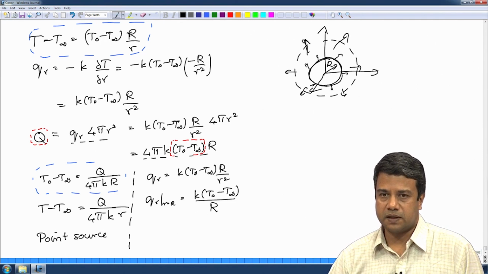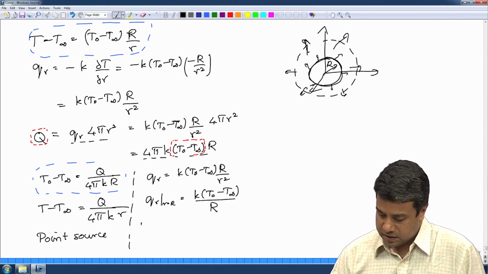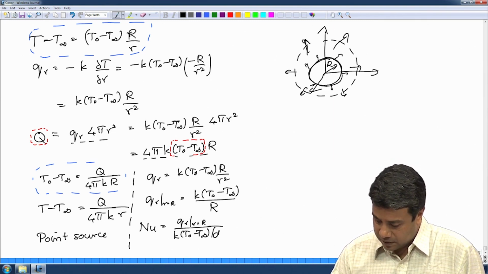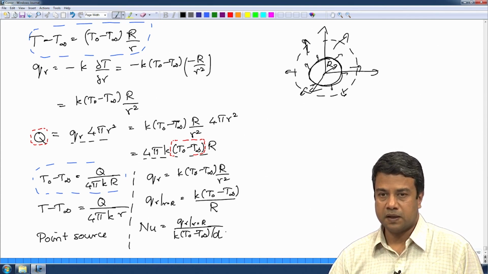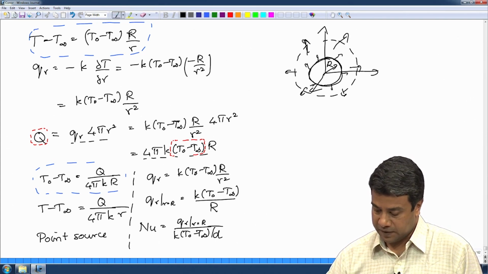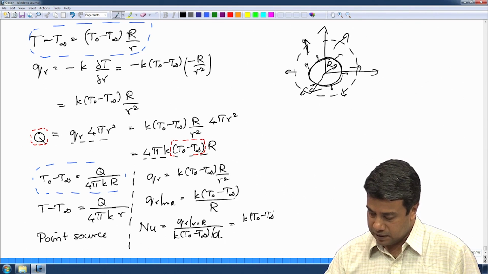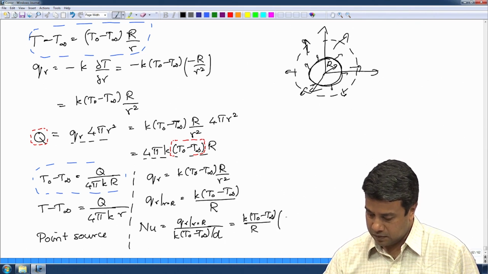And from this, now we can get back our Nusselt number. The Nusselt number is defined as the flux at R is equal to R divided by K delta T by the diameter of the particle. Nusselt number is usually defined with respect to the diameter of the particle. So, this is K into T naught minus T infinity by R into the diameter of the particle divided by K into T naught minus T infinity.